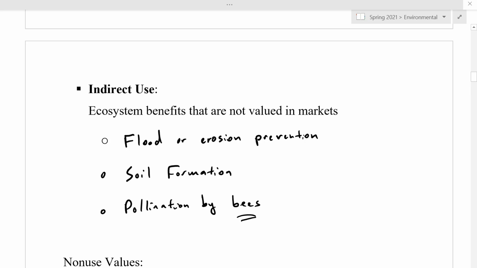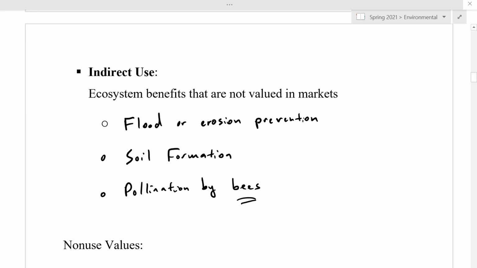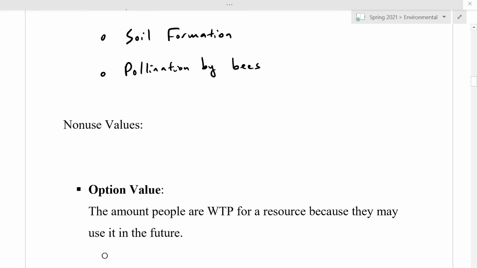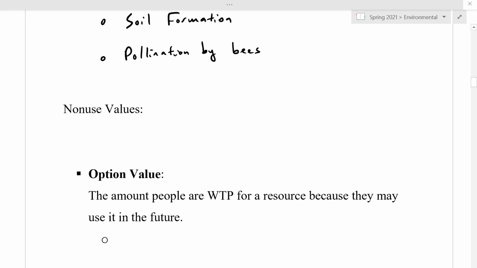Okay, so these are the use values. These are things that are a little bit more closely related to human activity. We have direct and indirect. Now we go to non-use values.